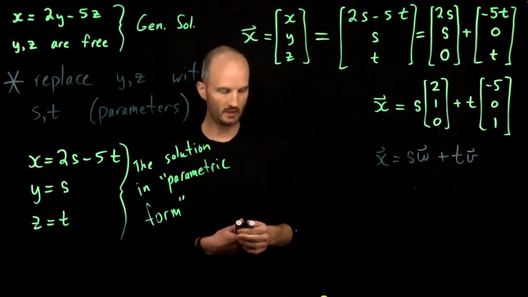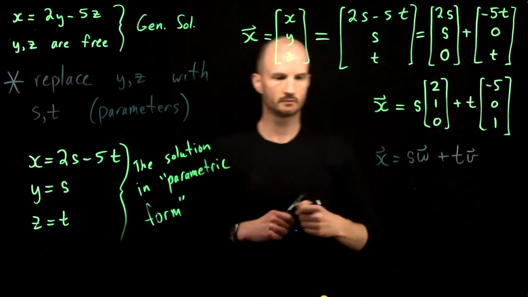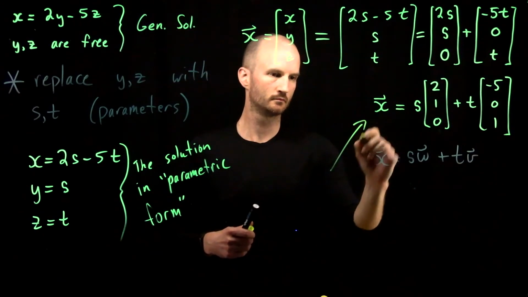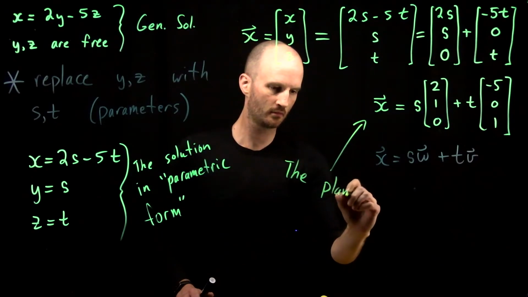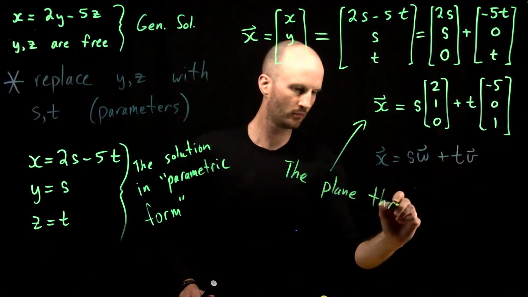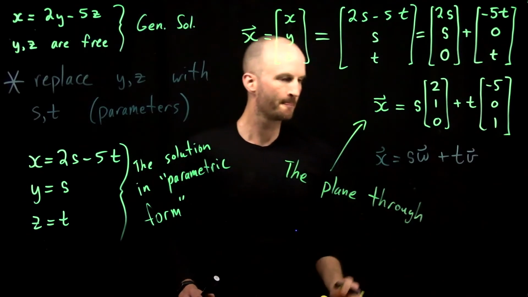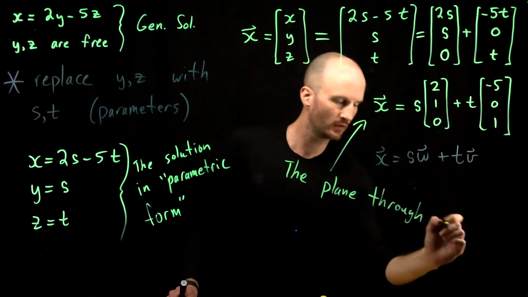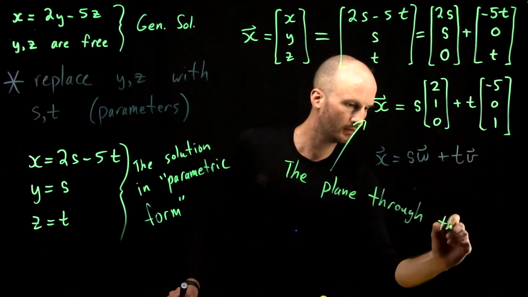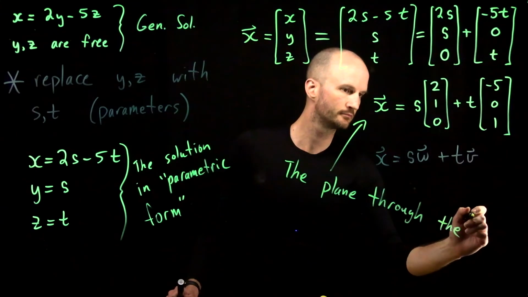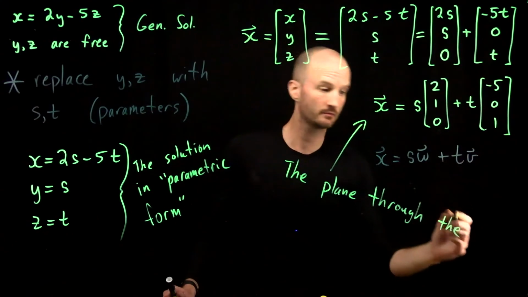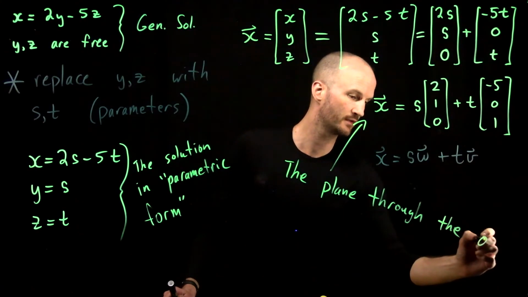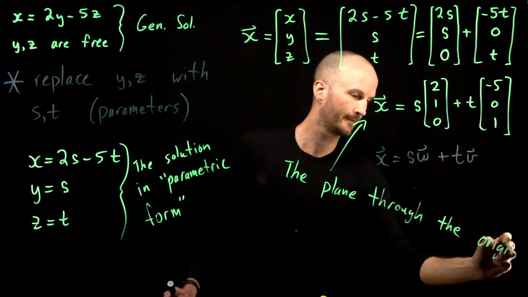So what we have is the plane through, we don't have a U in this case, so you can think of U as just being the zero vector. So the zero vector is the origin.